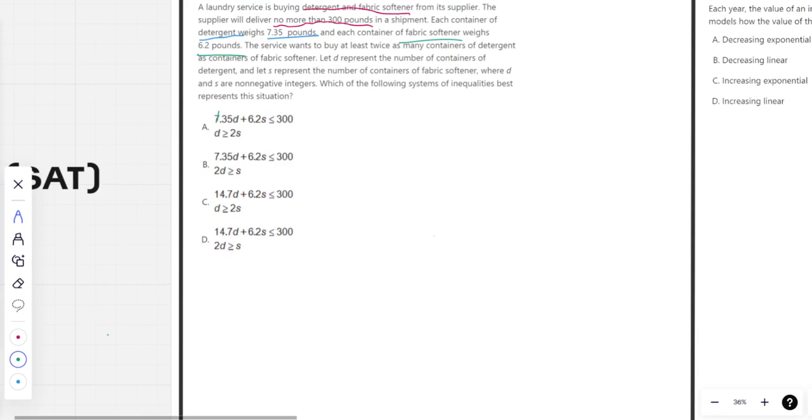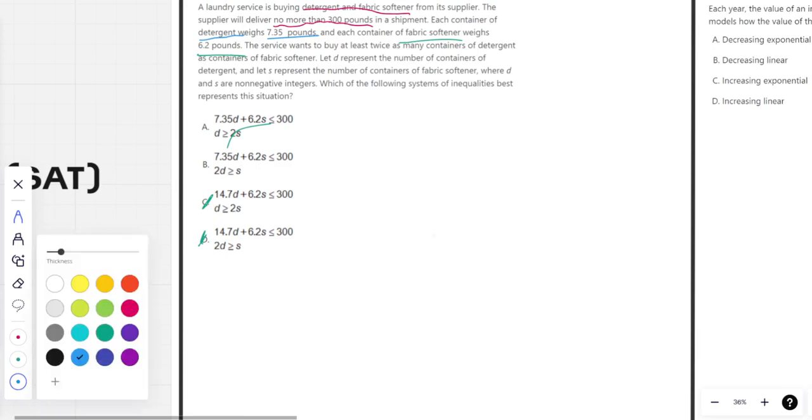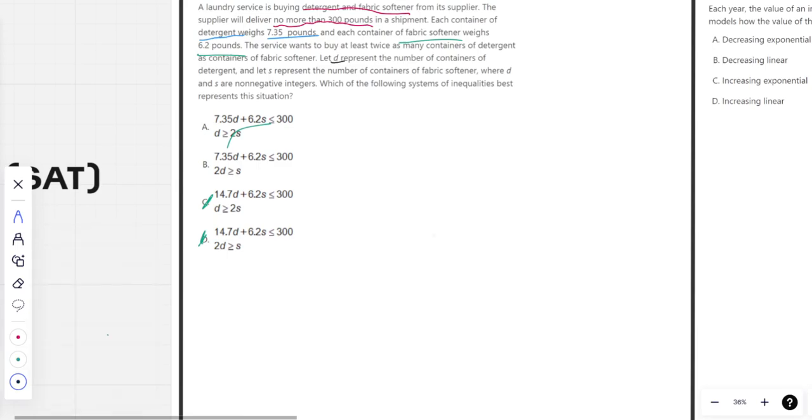Okay, so we can rule out C and D for that reason, because those weights don't match up. And the other thing is we just need to figure out what this last inequality is. So it says here D is the number of containers of detergent.